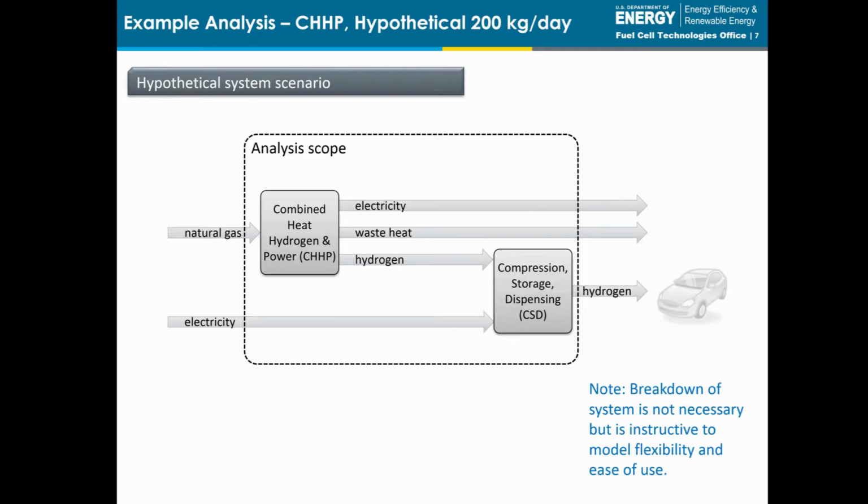As you can see, within the scope of this analysis, there are a lot of different components. You can actually set the model to give you cost contribution for subcomponents. So for example, if somebody owns the production portion of a retail station where hydrogen is produced from natural gas, and then you have a separate system that does the dispensing, somebody else owns that, and you can also evaluate the entire system altogether.